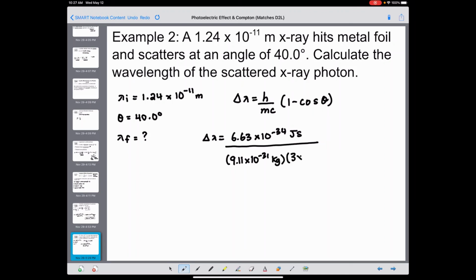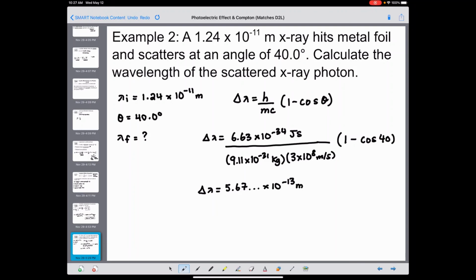C is the speed of light. And we're multiplying all of that by 1 minus cos of 40 degrees. So pause the video, try to put that in your calculator, and make sure that you're getting this number here. So the change in wavelength should be about 5.67 times 10 to the negative 13 meters.